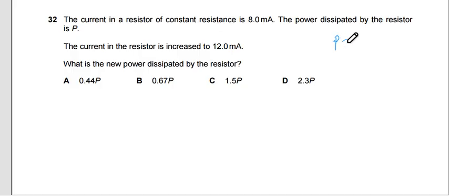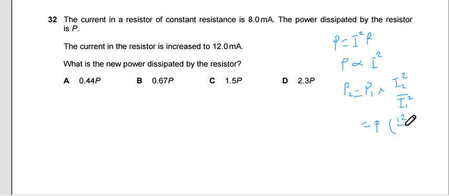So we know P equals I squared R, P is proportional to I squared, so P2 is equal to P1 times I2 squared over I1 squared, so it is equal to P times 12 over 8 squared.